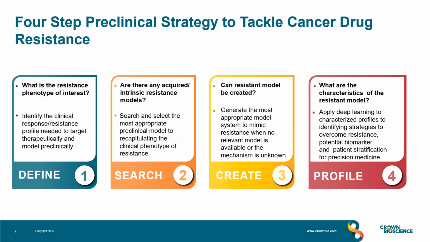And then finally, characterizing the resistance, not just pharmacologically, but also applying deep learning to interrogate any responder, non-responder profiles, which can then potentially identify new strategies to overcome resistance. There may be combination approaches that might be more appropriate, but also potential biomarkers and patient stratification, which really can produce the best success for that mechanism.